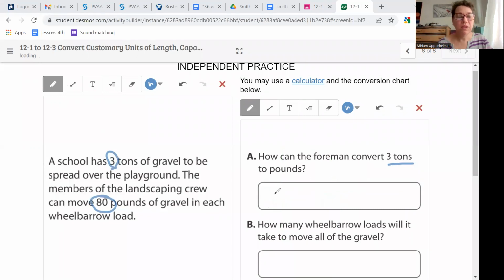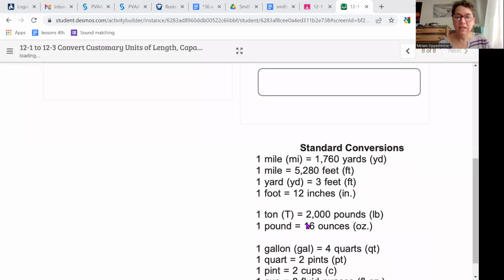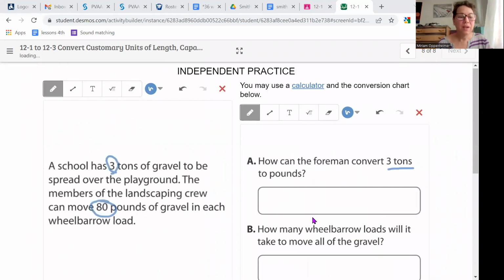So here we're going to multiply 3 tons, and we're going to need to use the numbers that are down here. A ton is 2,000 pounds, and we have 3 tons. So we have 2,000 pounds times 3 tons, right? You need to use your calculator.